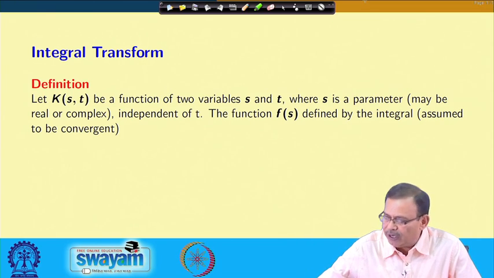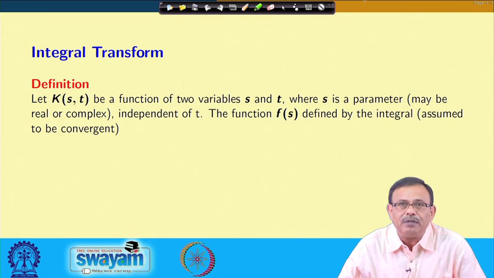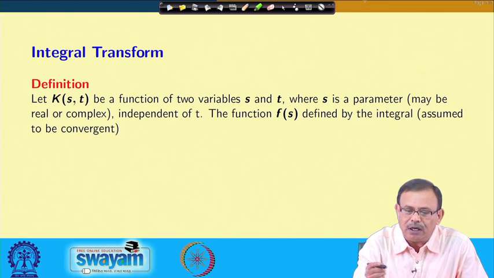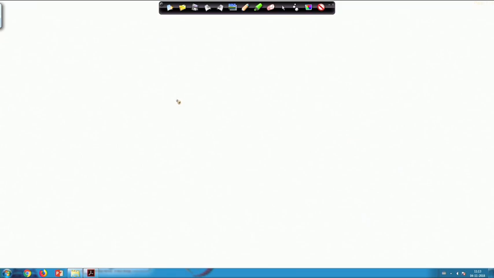The function f(s) can be defined by an integral like this: f(s) equals the integral from minus infinity to infinity of K(s,t) f(t) dt.